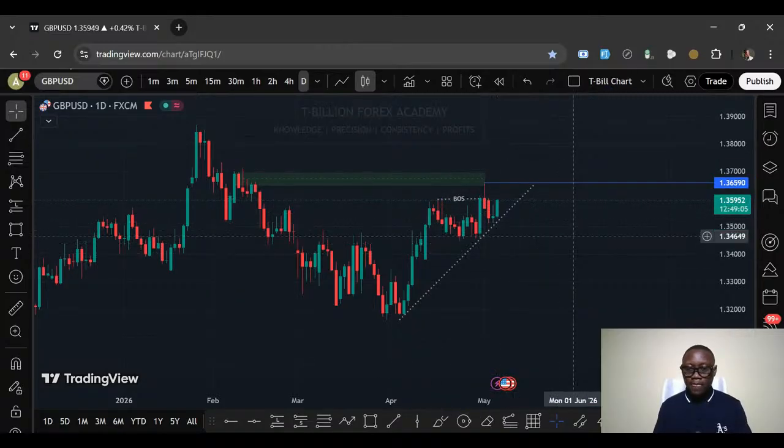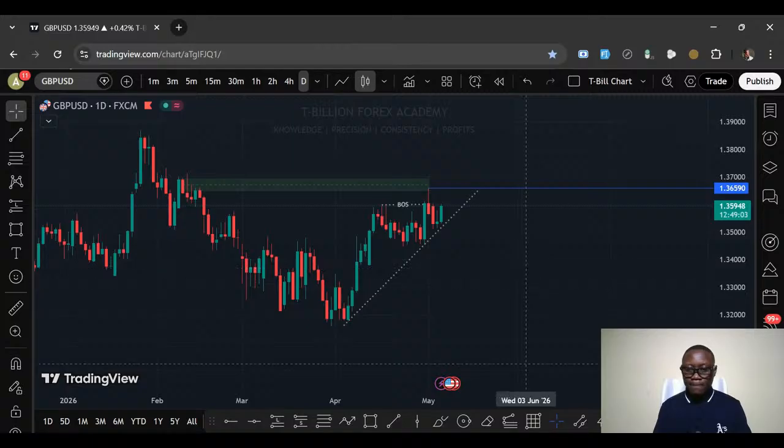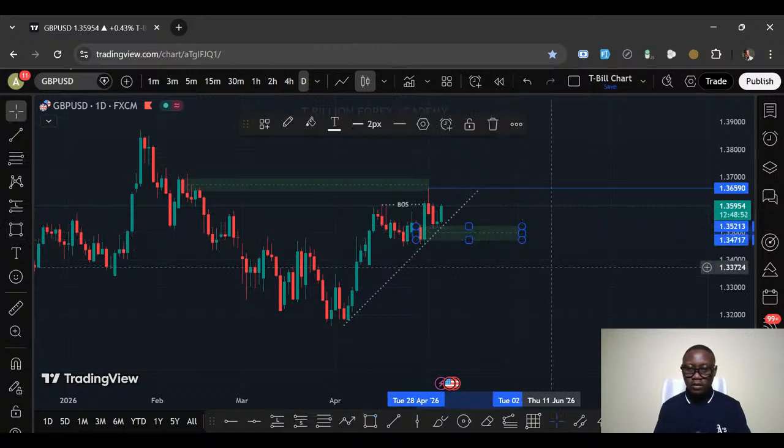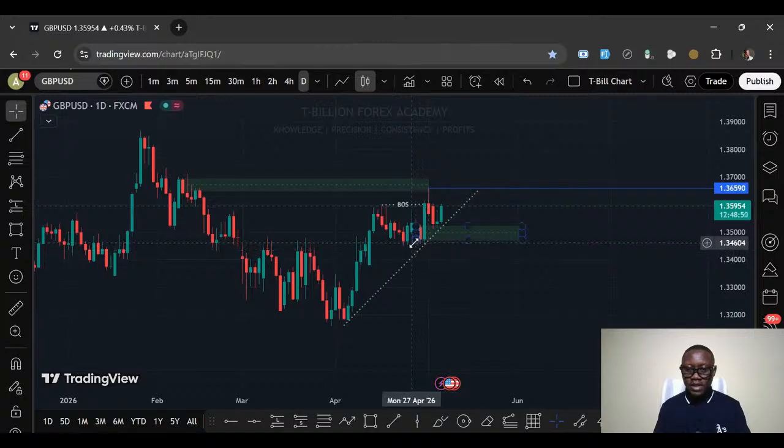For this, we have this order block right here, which price tapped into.